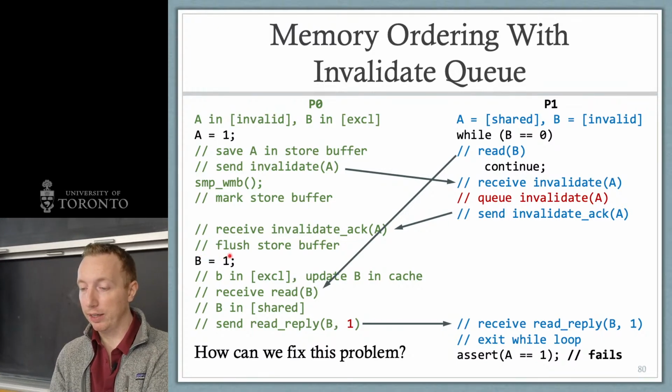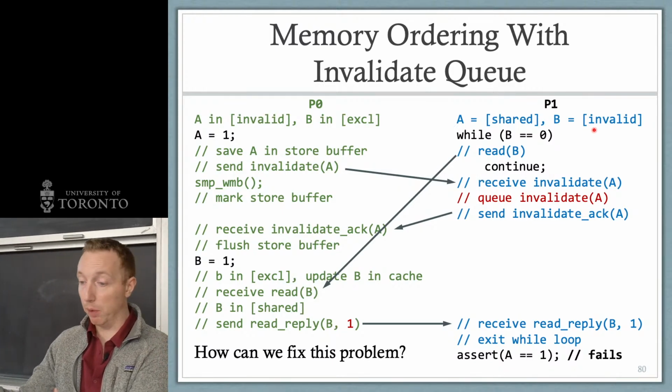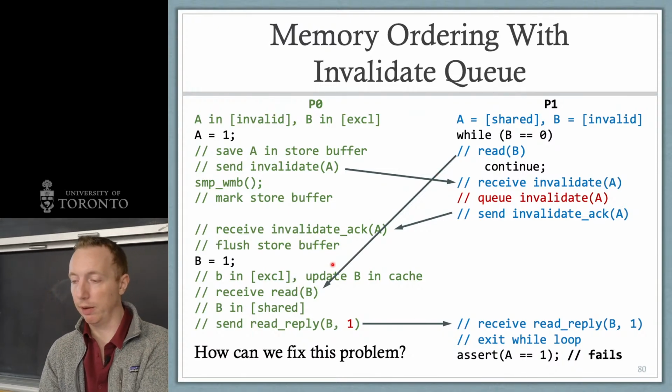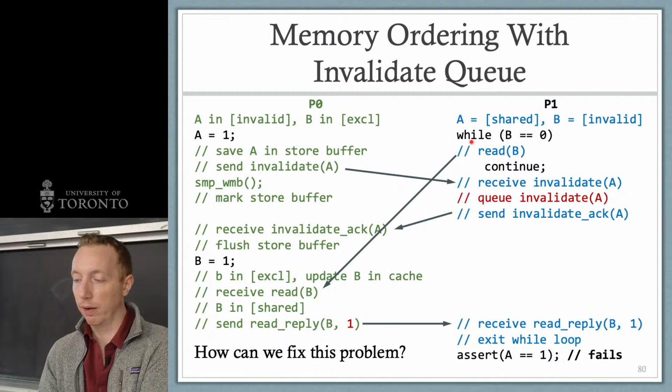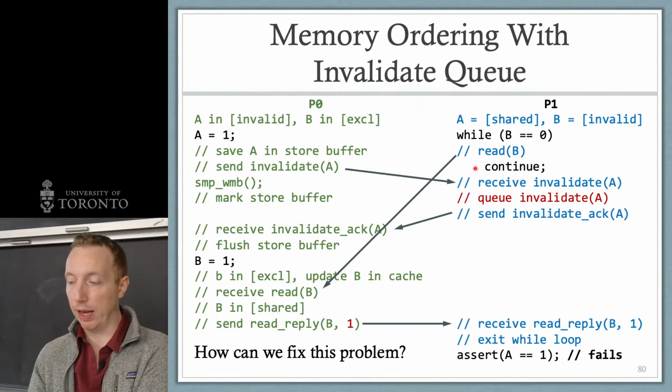And then here, if it updates B equal to 1 now, that's in that exclusive state. It could update B in its cache. And then whenever it reads B, well, it's invalid before, so it would read the most consistent value. It would have to write it out to main memory, and it would read that value. Read B is equal to 1, so it would break out of that loop.